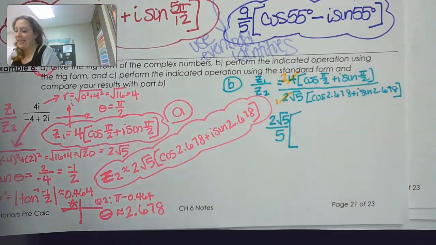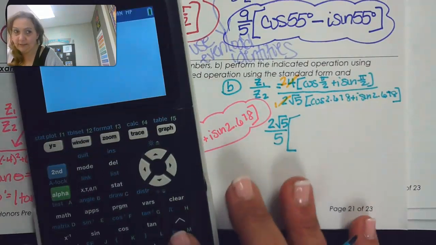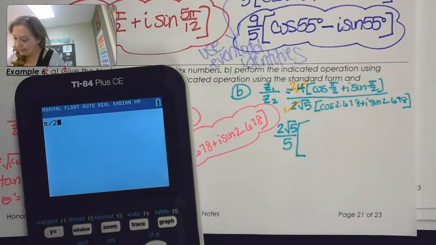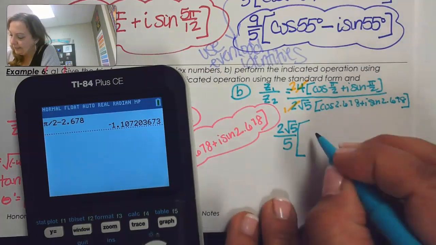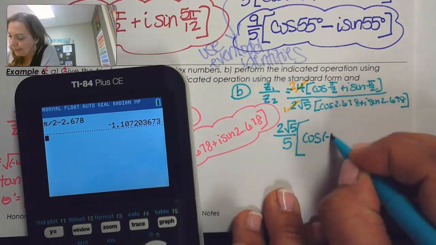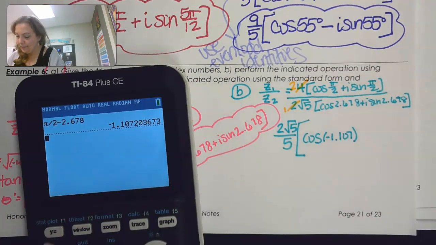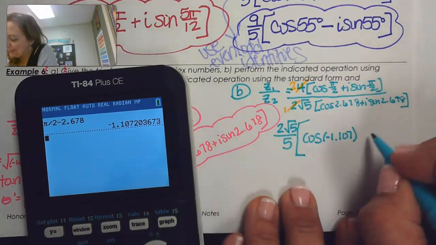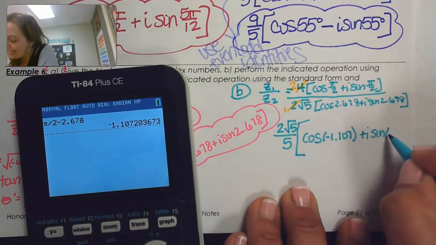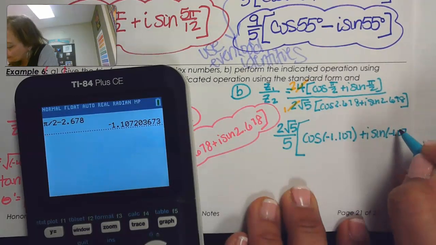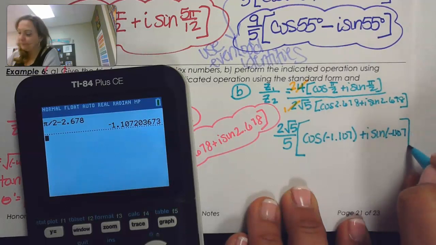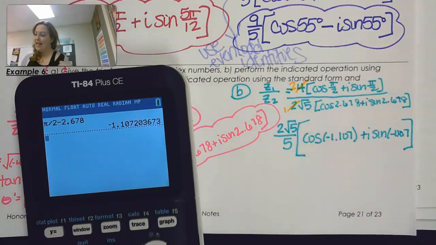So I would want to take pi halves and then subtract 2.678. And that gives me the cosine of about negative 1.107. And now I want to take pi halves, oh, it's the same thing. So then plus I times the sine of negative 1.107.